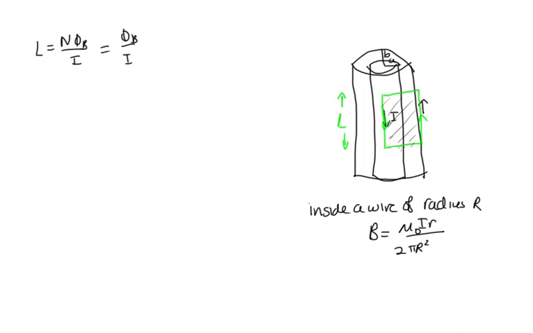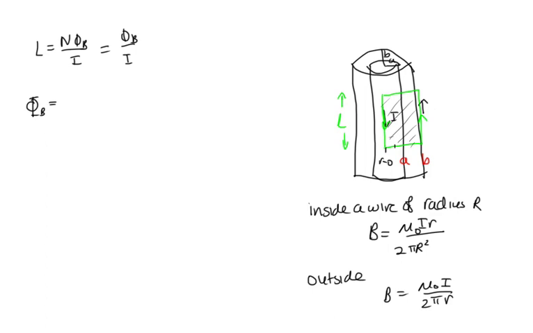So that would be at some radius here. And outside, we had B was equal to mu naught I over 2 pi r. Okay, so what we're going to need to do is work out the magnetic flux through this area here. So the center of the wire, that's r equals 0. We've got the radius a here on the edge of this wire and the radius b here on the edge of this wire.